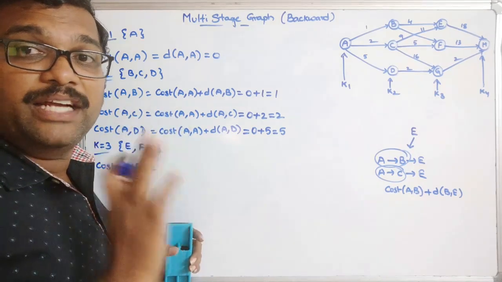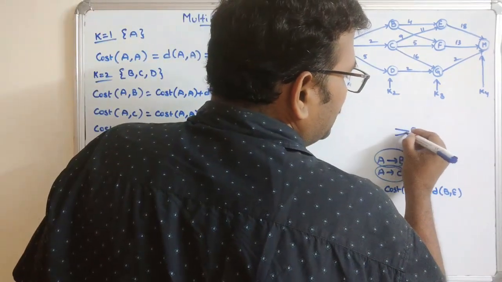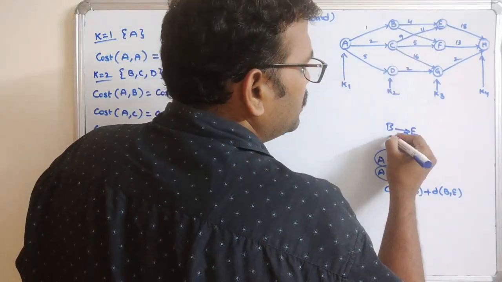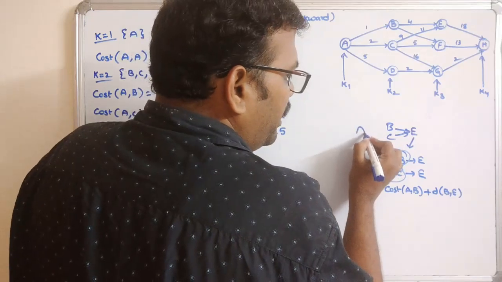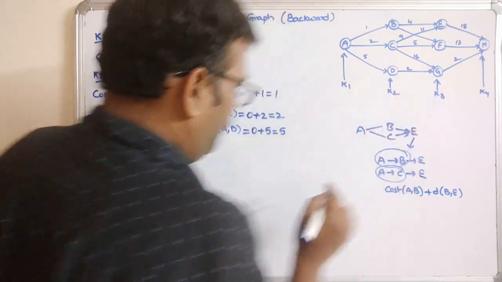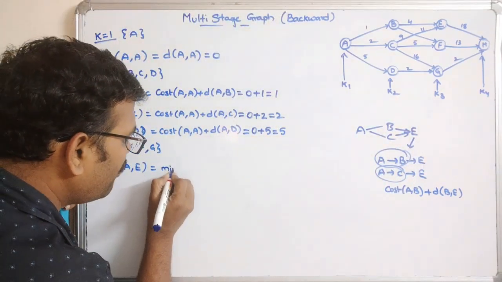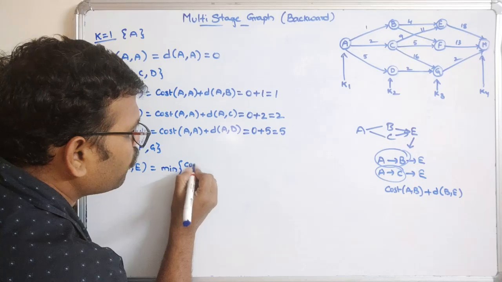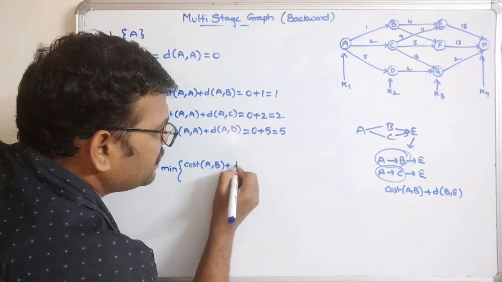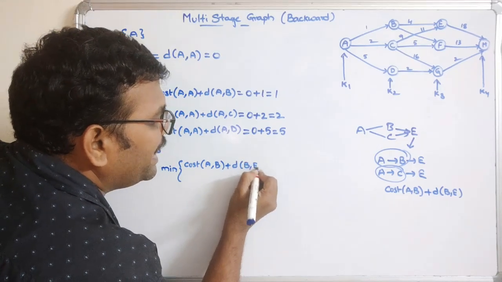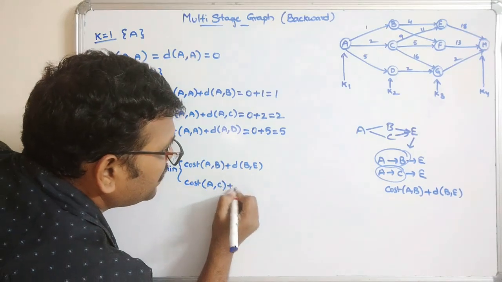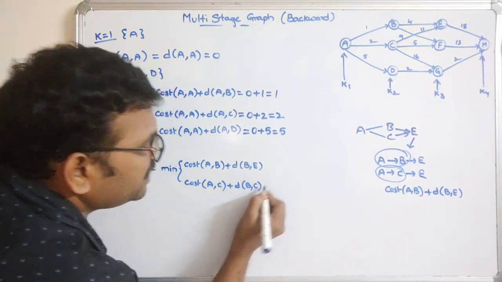Find out the incoming edges of E. The incoming edges of E are 2, one from B and another from C. So we need to find the cost of A to B, A to C, and then the distance of B to E, and we have to use a minimum value, which is the cost of A to B plus distance of B to E. Similarly, cost of A to C plus distance of C to E.